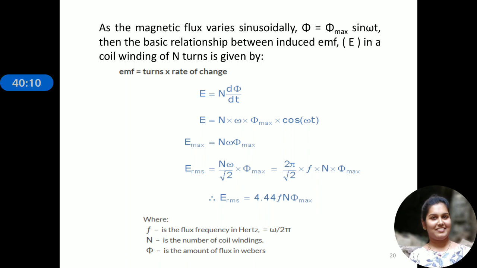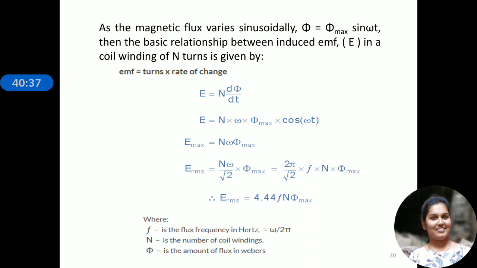If you want to calculate it for the primary winding, take N as the primary winding turns. If you want to calculate the secondary winding EMF, simply take the number of turns of the secondary in this expression and you can calculate the value of E RMS for the secondary winding.